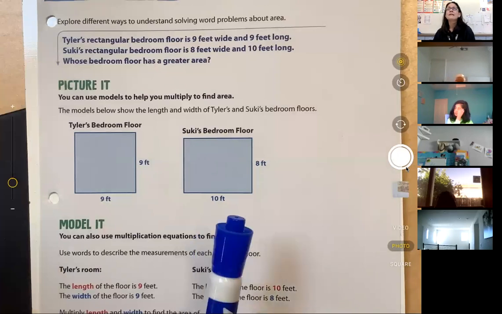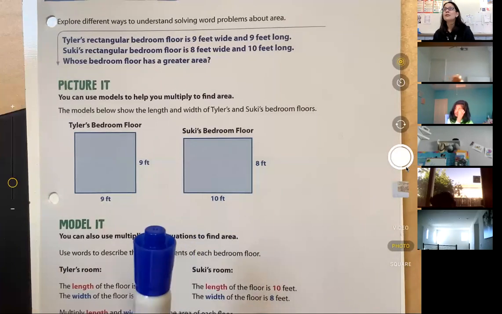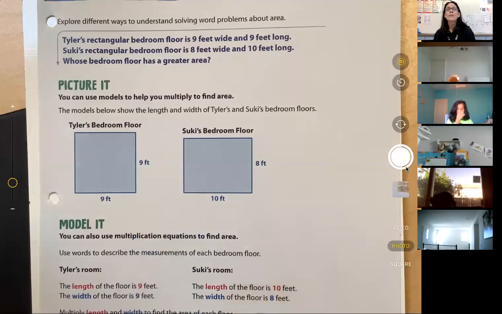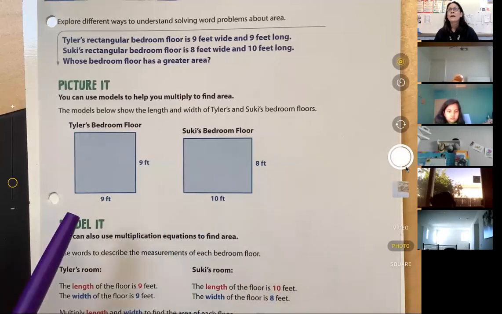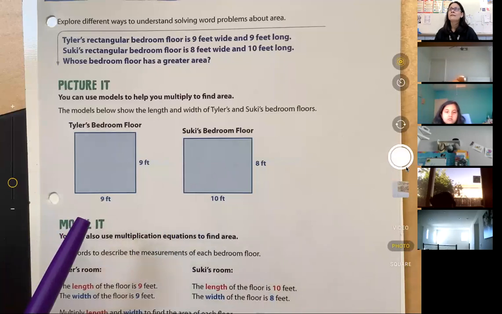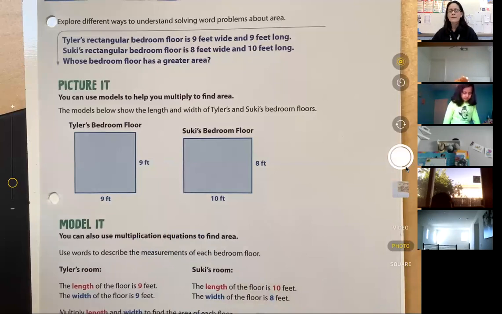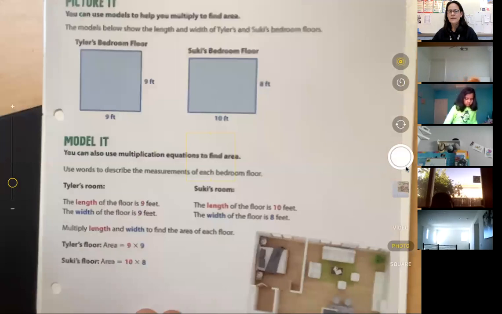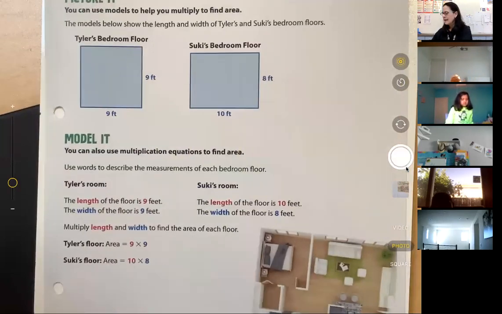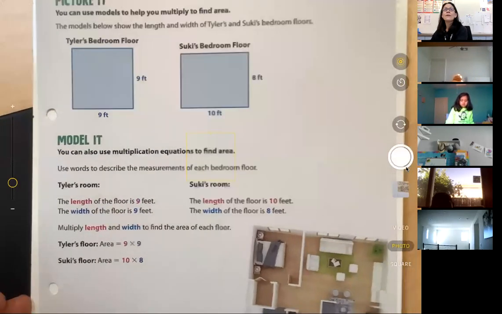In the first instance, we modeled it using tiles and we created a partial model. But could we also simply just take the formula and plug the formula in to solve the problem? Yes, we could. You can see down here at the bottom where it says model it, that's exactly what they did. And you will notice that they even color-coded it for you.